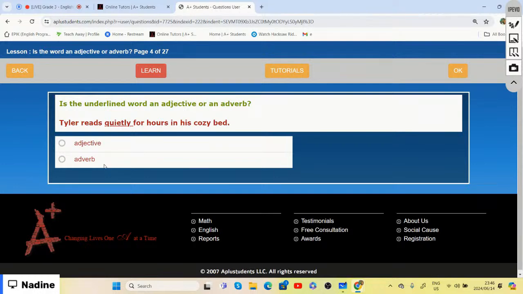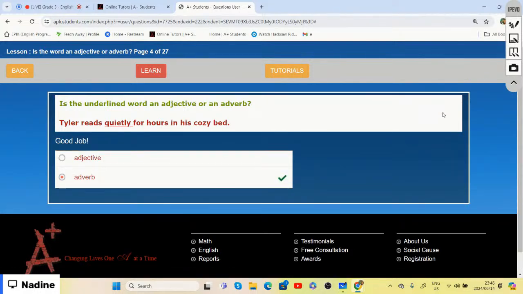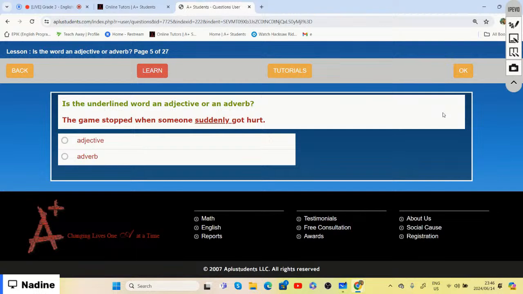That tells us how he or she is reading, right? So an adverb it is.